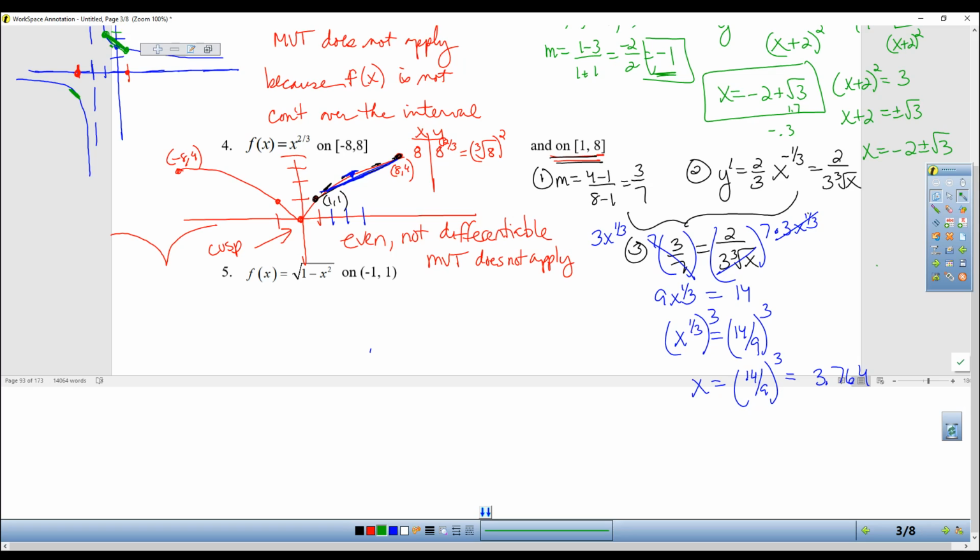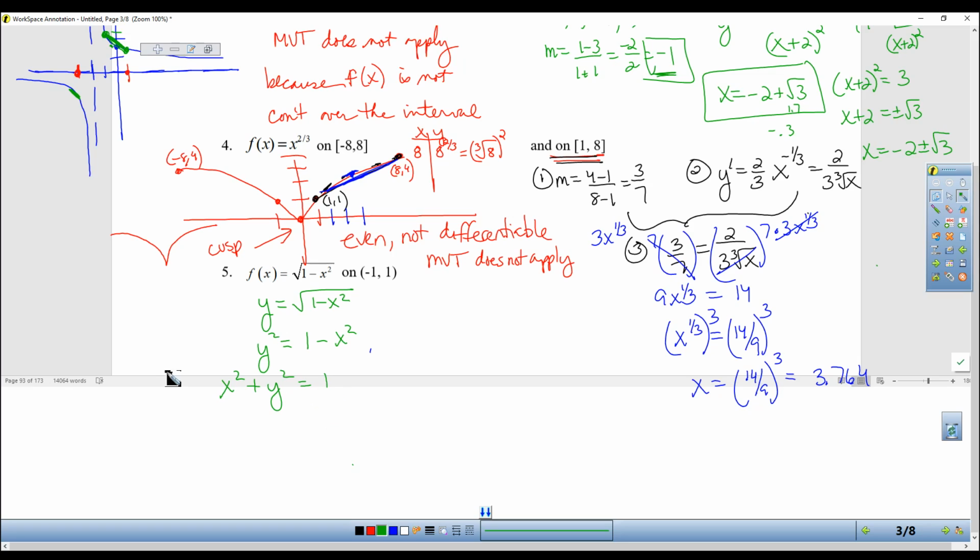Number 5. I'm hoping that you're going to start to recognize this problem. So in case you don't, let me show you how to start to recognize it. I'm going to square both sides. I was about to go, tell me when you see it, like you can talk to me. And then I add x squared to both sides.